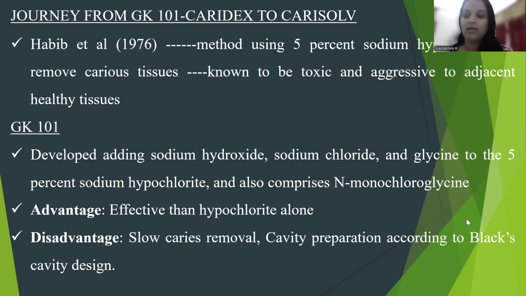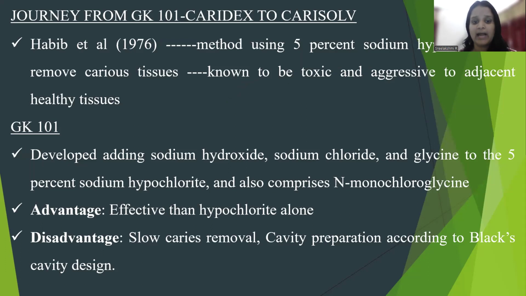So the journey from GK 101, that is Caridex, to Carisol. As I told, Habib et al., in 1975, used 5% sodium hypochlorite, which was found to be aggressive to the adjacent healthy tissues. So initially it was GK 101.